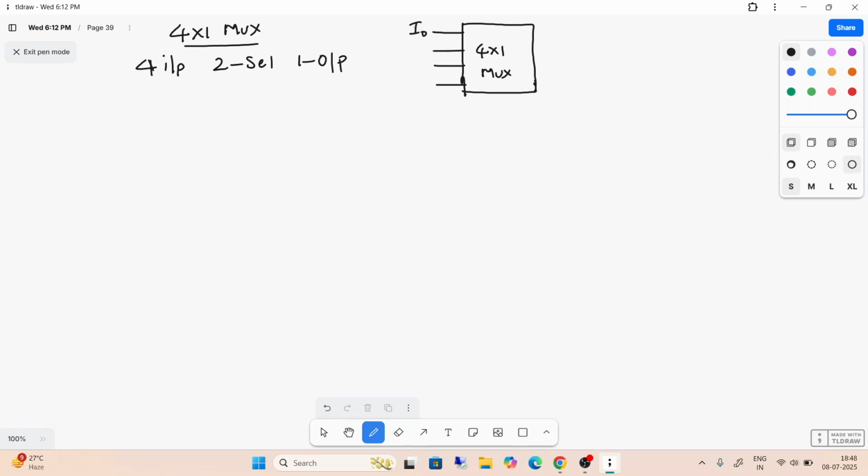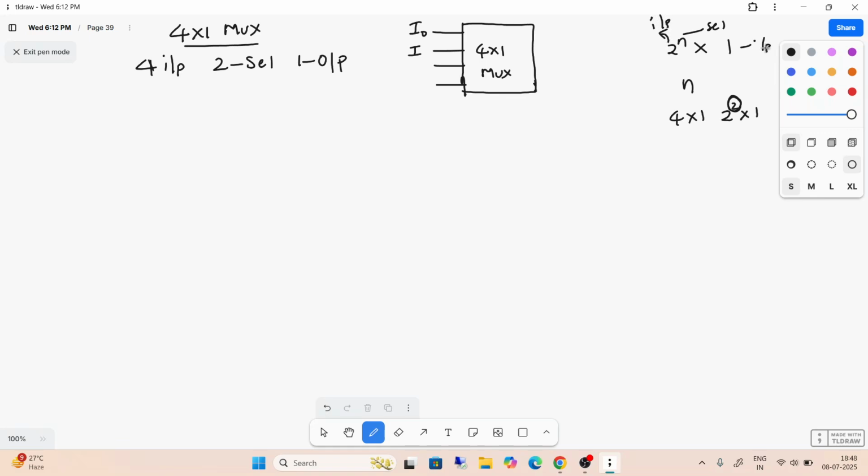How to take the number of selection lines? If it is 2 power n inputs, 1 output, then n selection lines. So a 4 cross 1 MUX can be represented as 2 square cross 1. The power is the number of selection lines, 2 power n is the inputs, and this is the output.